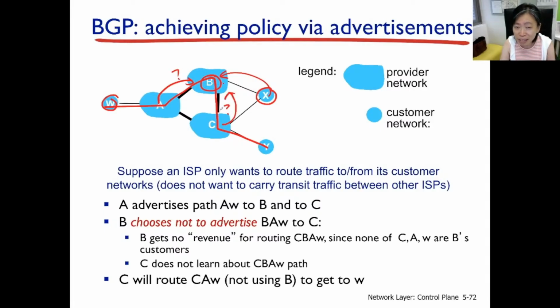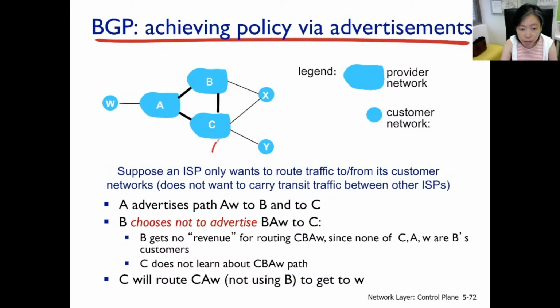Well, based on the setup of the problem, W, A, C are not paying B, and yet B is using the network resource here to transit the traffic for B and C. So B gets no revenue to do this route, BCAW, because C, A, W, based on the scenario setup, are not paying B. So B chooses not to advertise BAW to C so that C does not discover this path, and therefore does not use this path to send traffic.